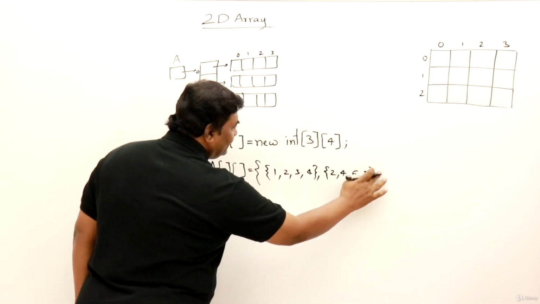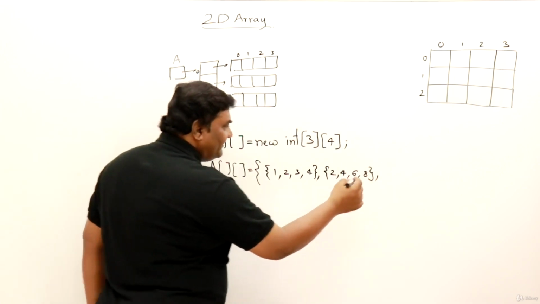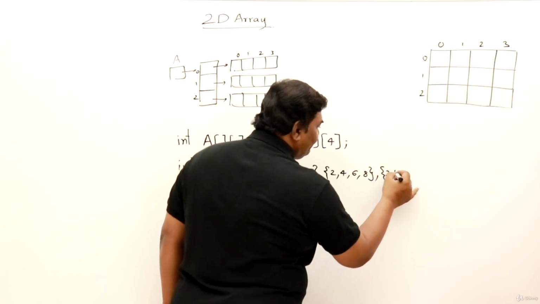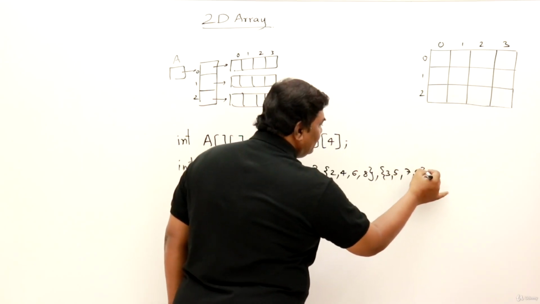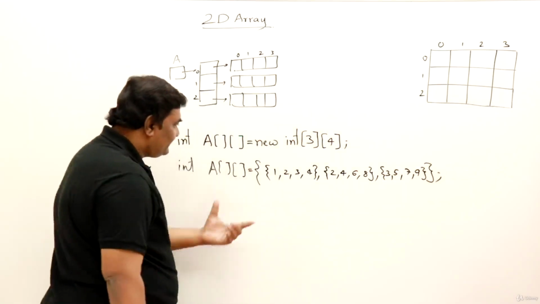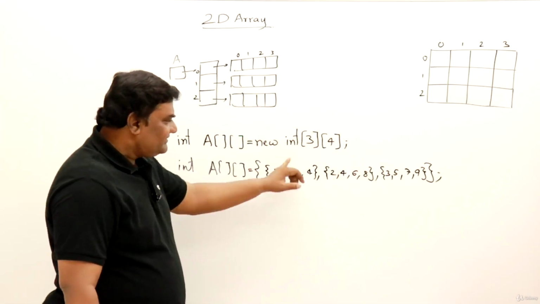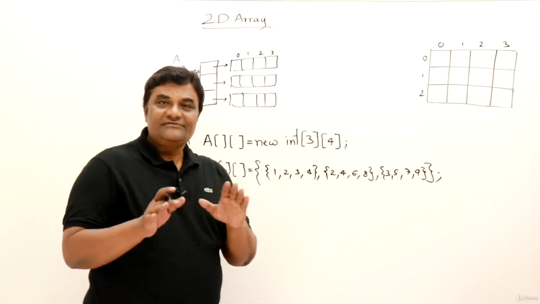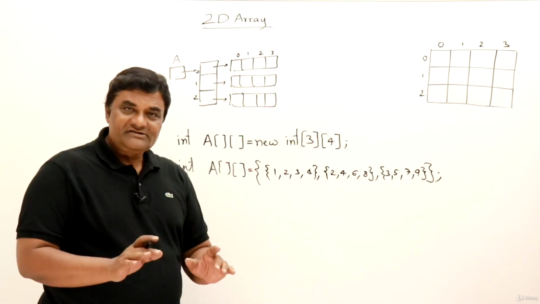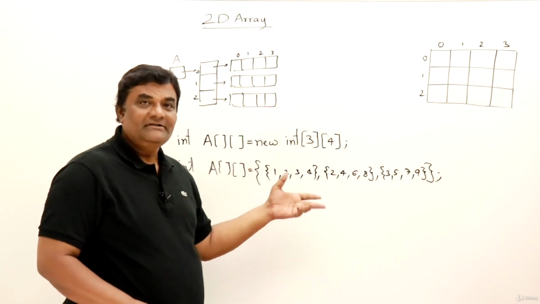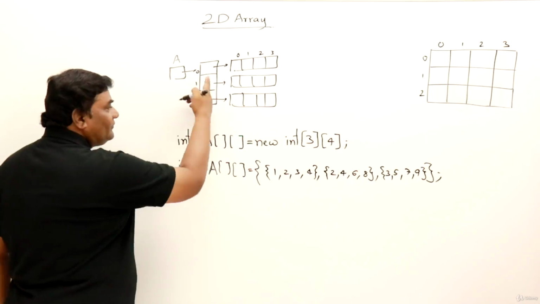This is another row. Then one more row, that is 3, 5, 7, 9. This is the first row, second row, third row. There are 3 rows and each row has 4 elements. So this will create a two-dimensional array of 3 rows and 4 columns.